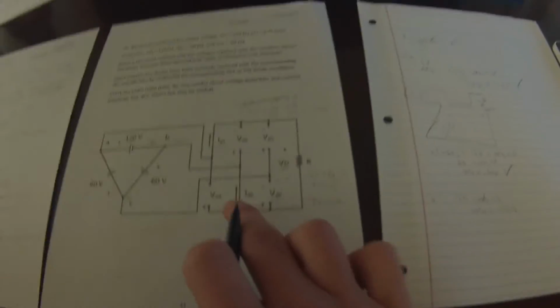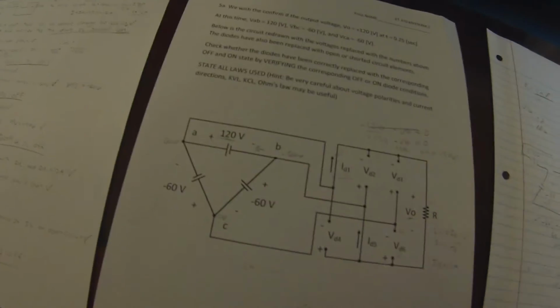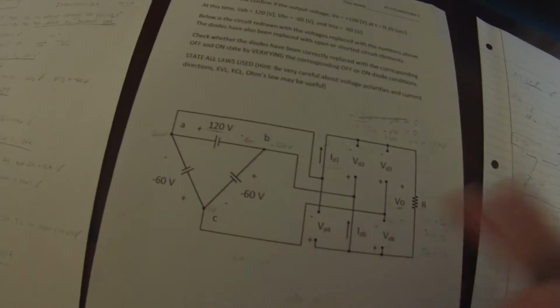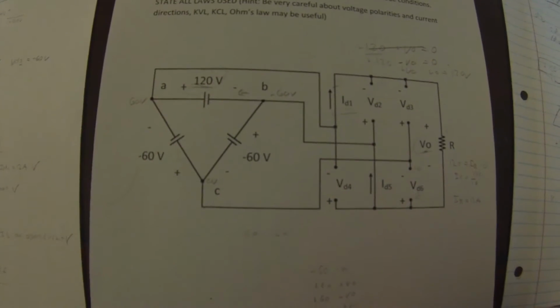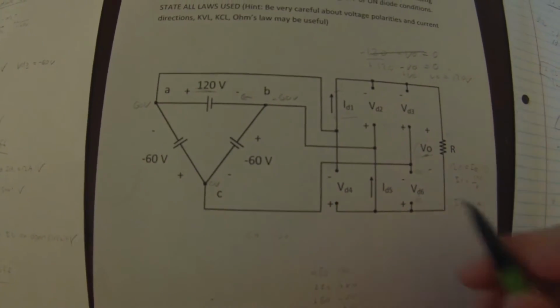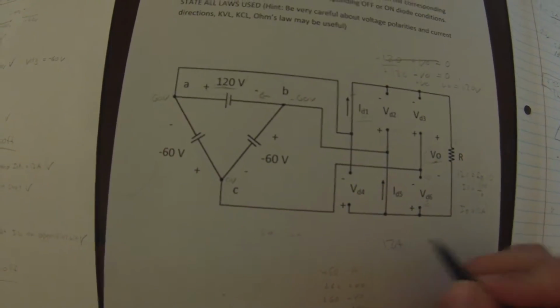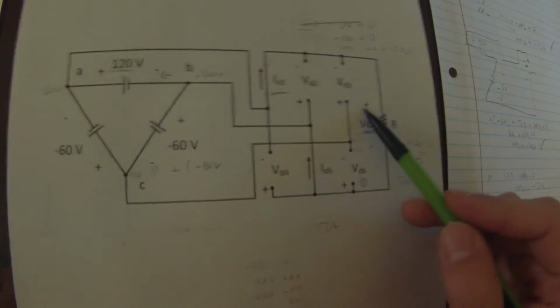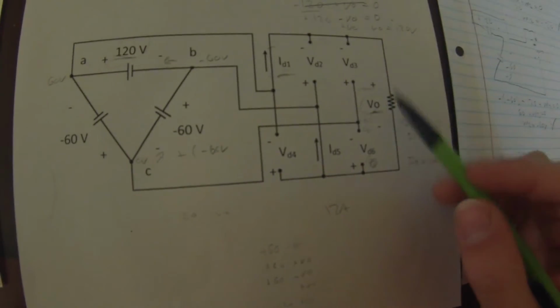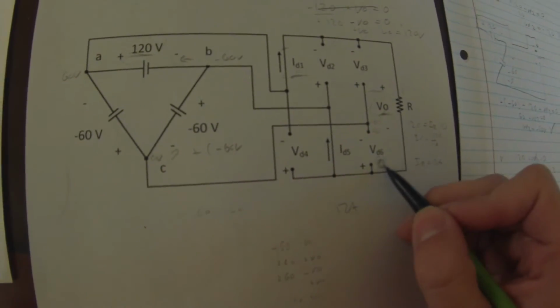I_D5, we can look at it real simply. We know it's a short, so there cannot be a voltage drop across this short, and it's also in series with I_D1, so the current is going to be equal to 12 amps. Starting at positive 120, go across this, and going into the positive terminal is a negative 120, so that's going to be 0 volts on this side of the diode.